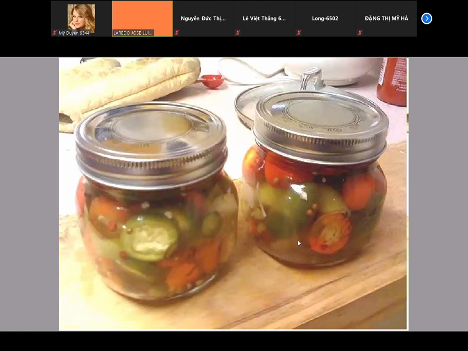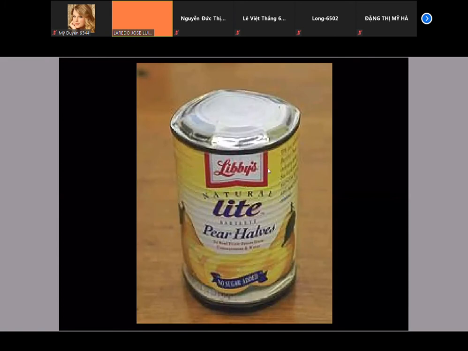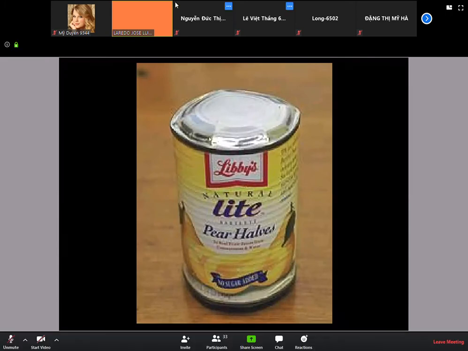Spores, as I told you before, of Clostridium botulinum may contaminate the food in cans like this one. When the spores contaminate the food, you can see something like this. This can contains Clostridium botulinum inside, and it also contains the toxin.